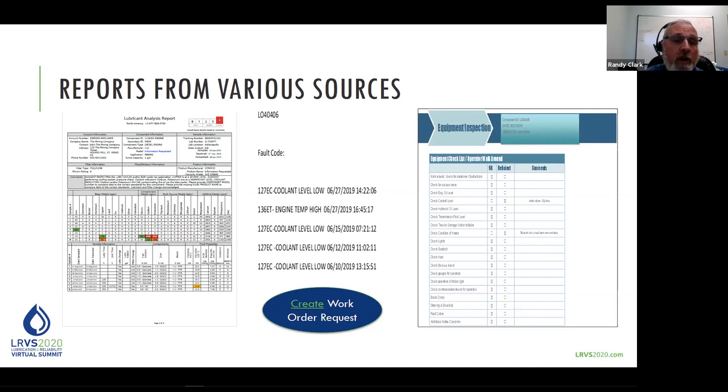And being able to integrate this where I have the oil analysis report, the downloads from the sensors, and the equipment inspection from the operator that morning. Does this not provide such more data-rich information so that you can make those informed maintenance decisions and think, yes, we absolutely need to get this into the shop before a problem occurs.